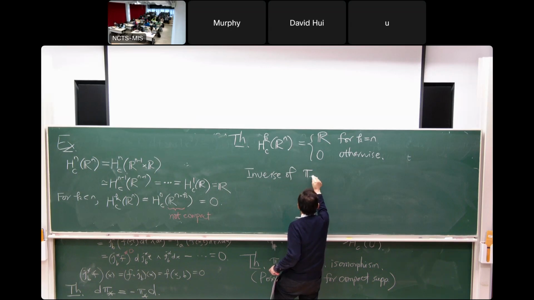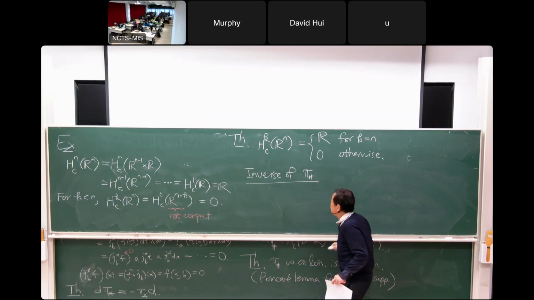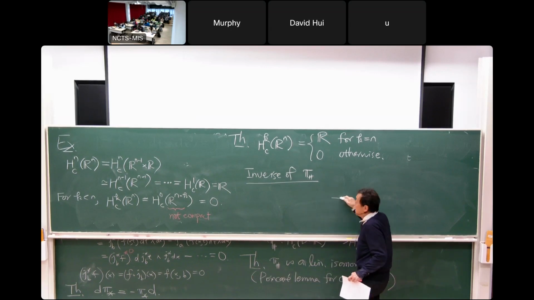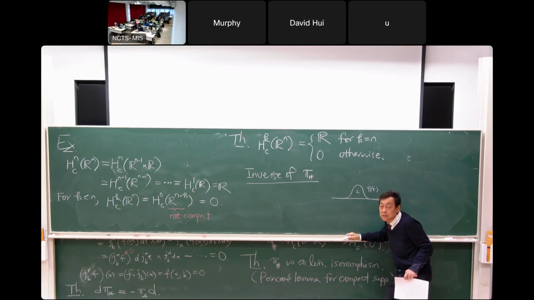Okay, so you want a form whose integral is 1. And so all you need is a bump function, rho of T, whose area under the graph is 1.